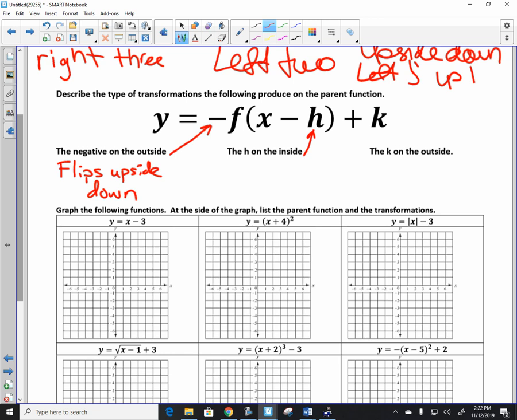Moves left to right. And did you notice how it was opposite of what you thought? If it was a plus 2, it moved left 2. If it was minus 2, it moved right 2. And then what did this thing do on the outside here? Up and down.